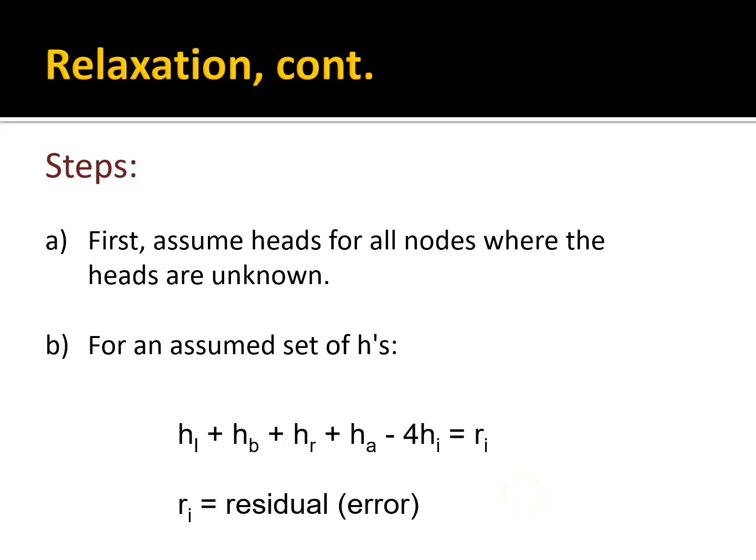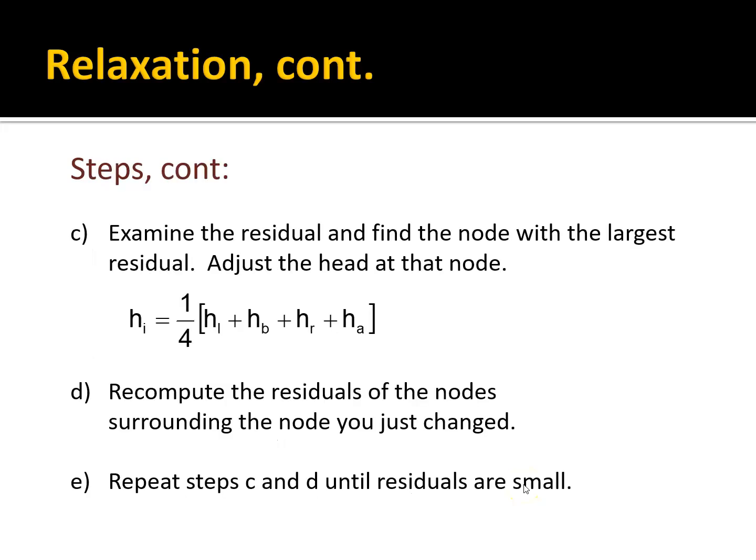And so our objective is to keep perturbing these head values until this equation is balanced and that residual goes to 0. So we examine the residuals for all of the nodes, and then we find the node with the largest residual. And then at that node, we assign HI using our governing equation. We take the heads at the other nodes, which maybe don't 100% balance, but then we apply this equation and adjust HI.